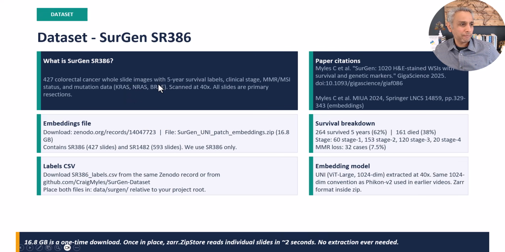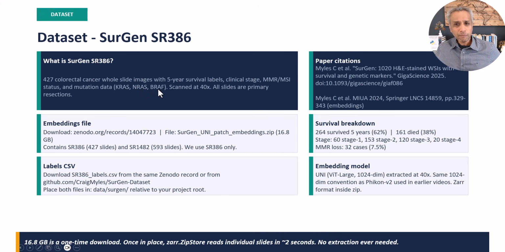Here you are going to end up with 8,000 or so tiles per whole slide image. This is a higher magnification 40x dataset. It also captures the 5-year survival outcome, the clinical stage, stage 1, stage 2, etc., MMR loss status, and mutation data for KRAS, NRAS and BRAF.